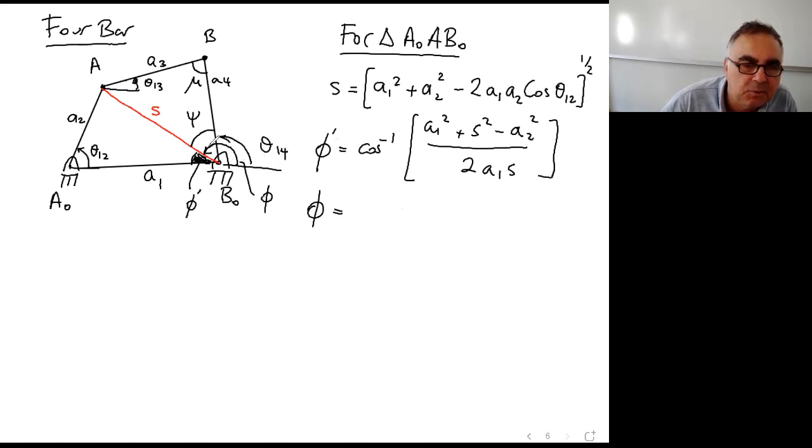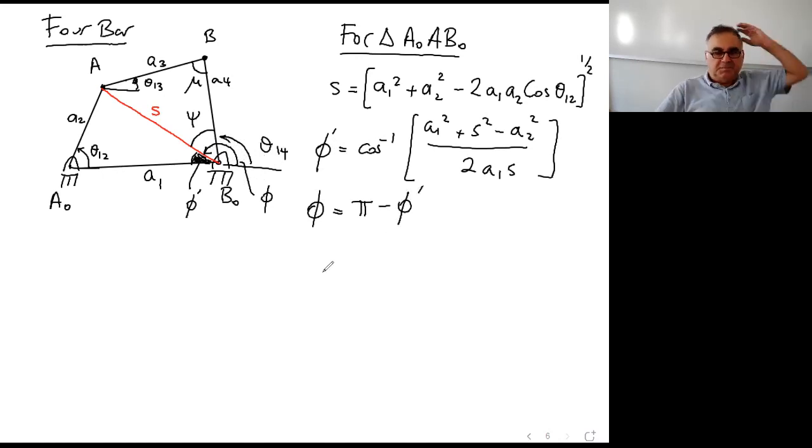Phi is this whole angle. It is simply pi minus phi prime. Okay. So phi is found.